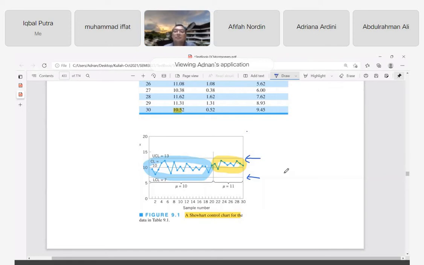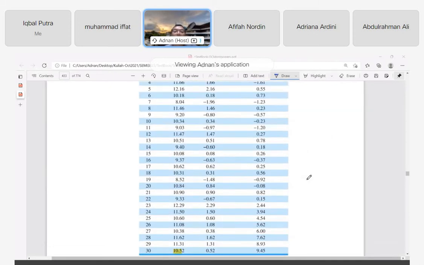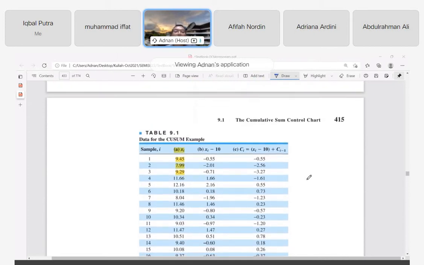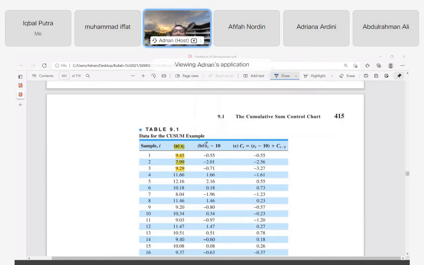That's why we need to use a proper and more sensitive control chart. One way is using this CUSUM, cumulative sum. In this method, we have xi minus 10, where 10 is our target, the process mean that we know. We need to know the process target in order to use CUSUM.